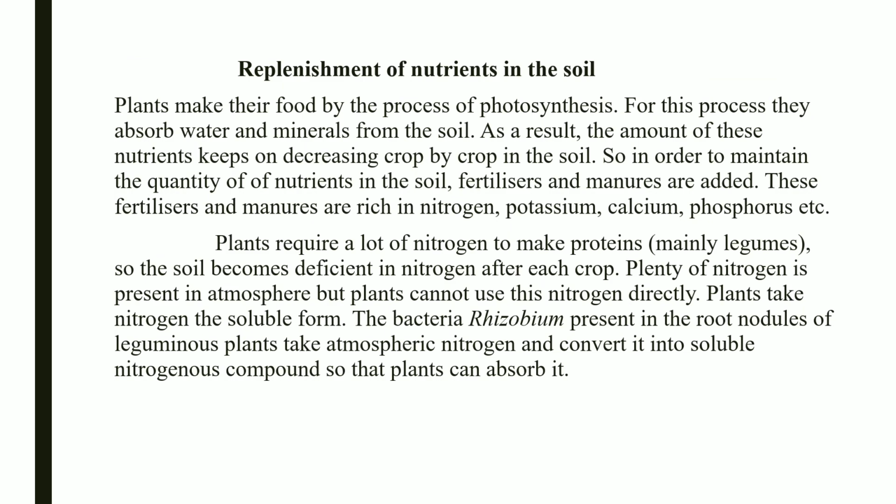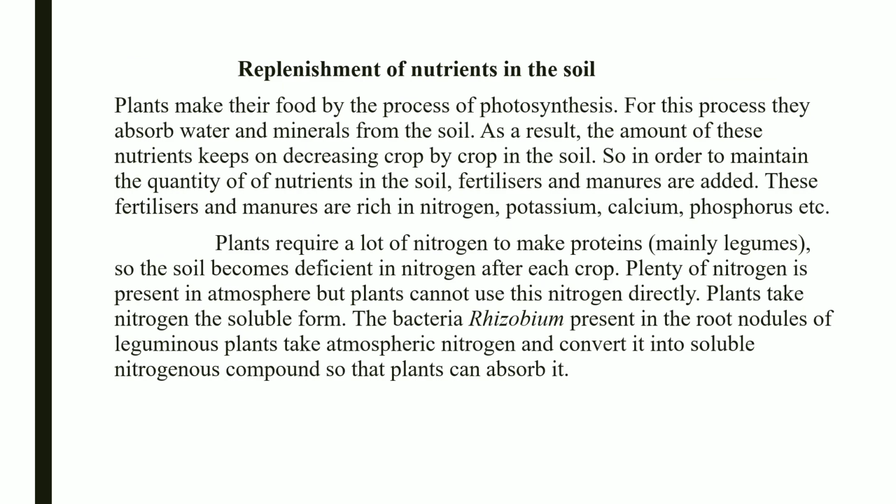So these fertilizers or manures are rich in many nutrients, especially nitrogen, potassium, calcium, and phosphorus. Now, leguminous plants, the pulse plants, are rich in proteins. So here again a symbiotic relationship comes in. In the roots of these leguminous plants, Rhizobium bacteria are present, which can fix atmospheric nitrogen.